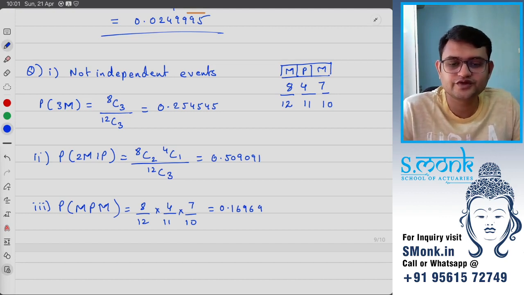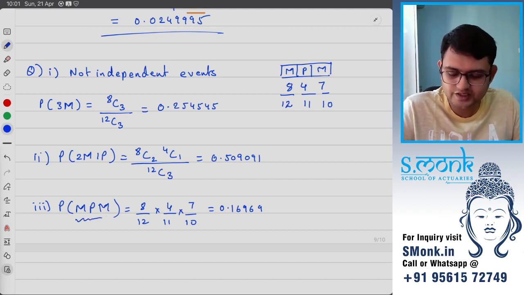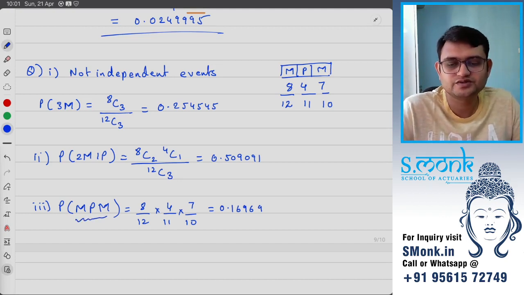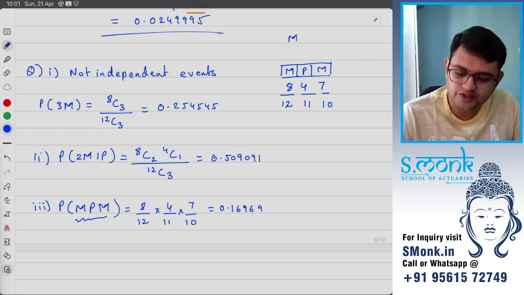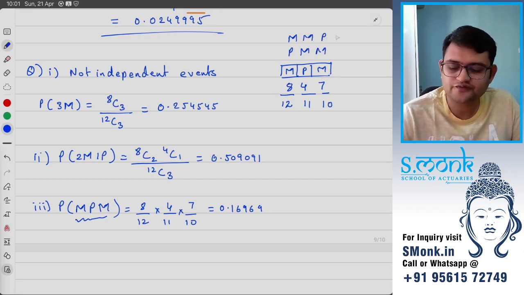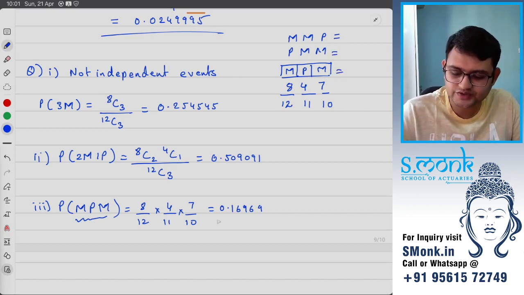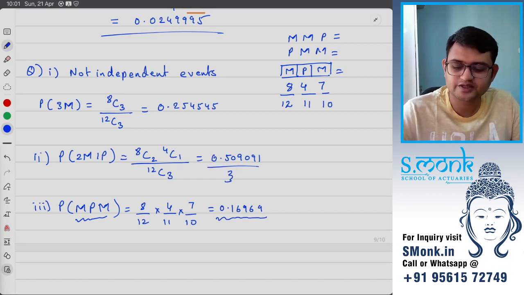So you can see the difference. This is just one single permutation. Now because we had 3 permutations possible, MMP, MPM and PMM, you will find all 3 have exactly the same probability, and that is why this is exactly this much divided by 3.